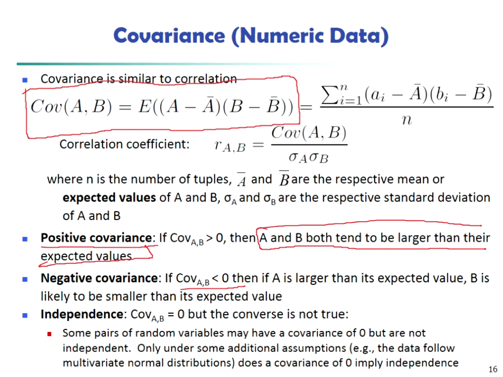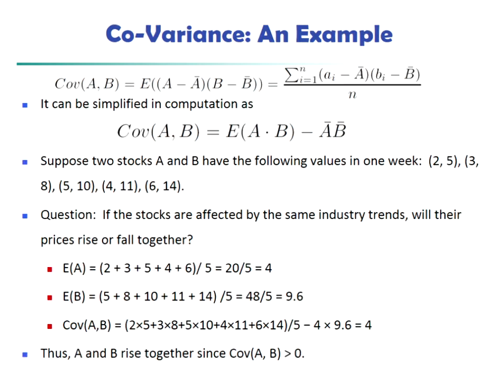And if we have negative covariance, that means if A is larger than its expected value, then B is likely to be smaller than its expected value. And independence means the covariance between A and B equals 0.